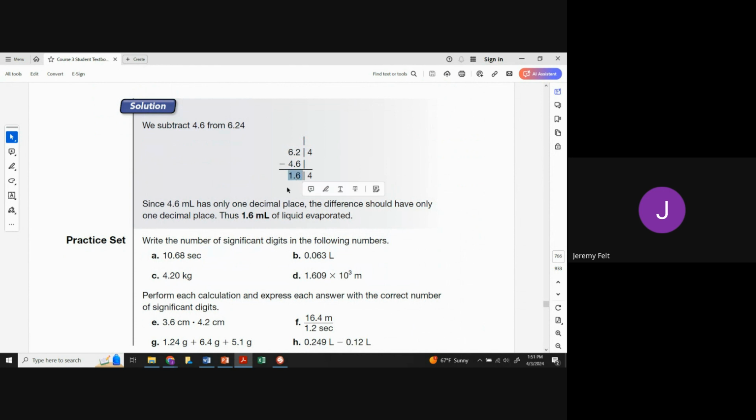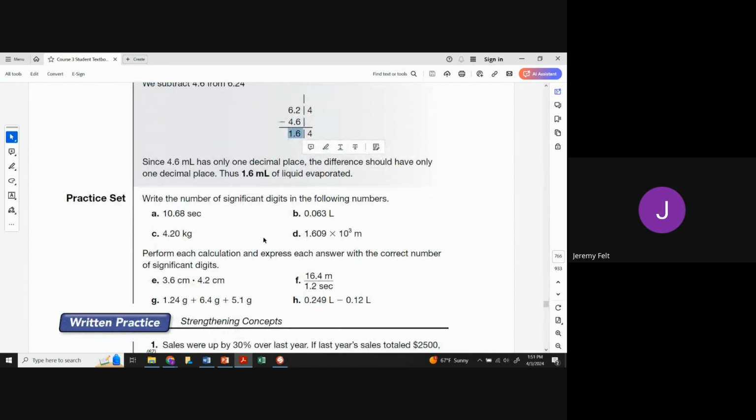We're not going to say 1.64 milliliters, we would just say 1.6. This one is not overly difficult, it just kind of is confusing for the sake of being confusing. We'll go over it more in class. Again, this is only if it says significant digits.